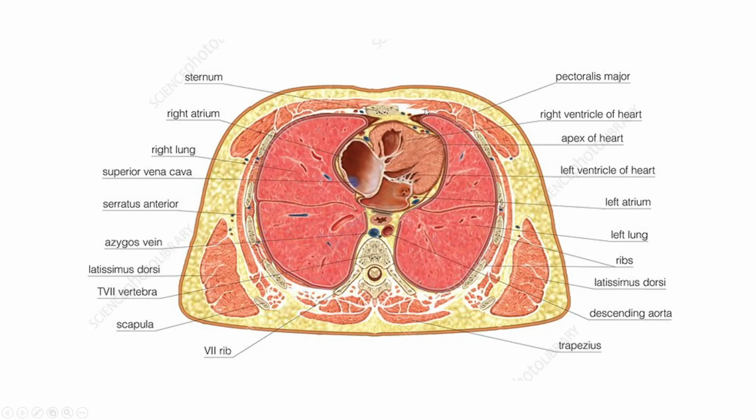The facies diaphragmatica cordis is the lower part, which we don't see here. Then facies pulmonalis cordis, we have both of them here. And the facies posterior cordis here, lining to the esophagus.